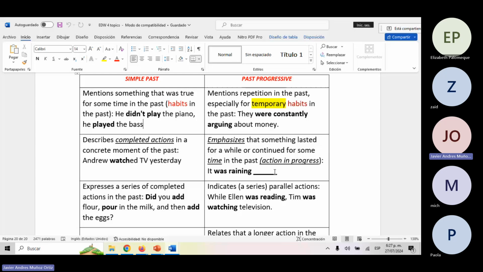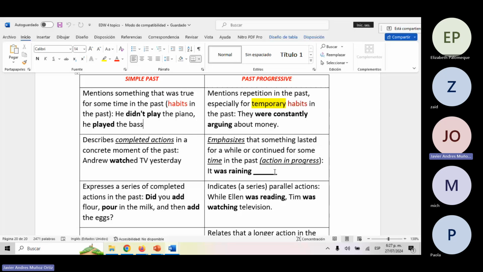What matters here is that it was raining for 3 hours, for 1 day, for 2 years, for a month, for, I don't know, for 5 minutes, right? The focus in past progressive is on the time.